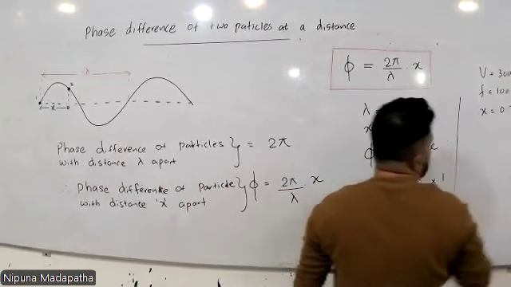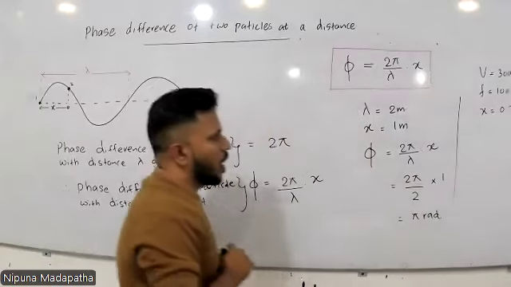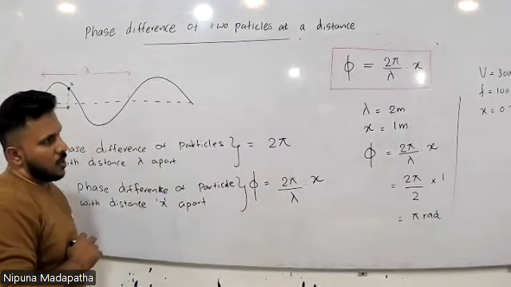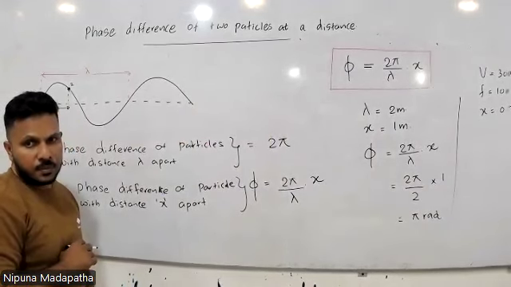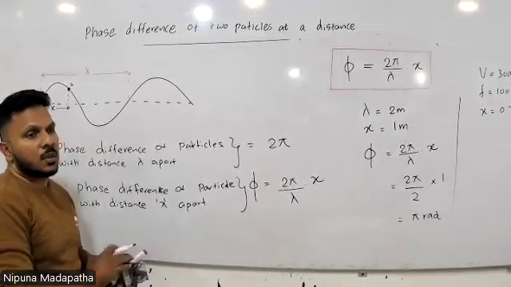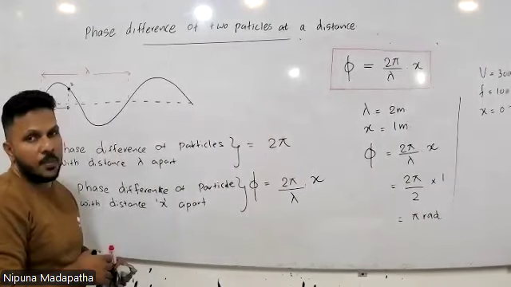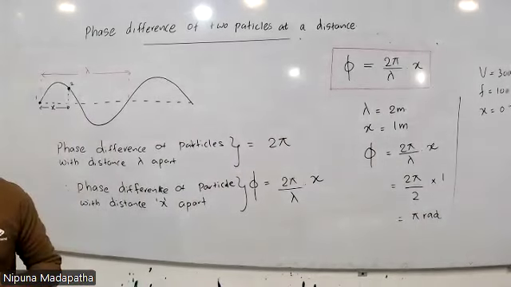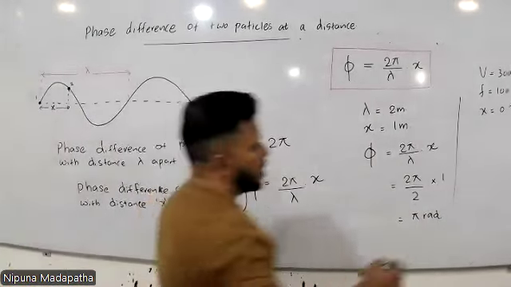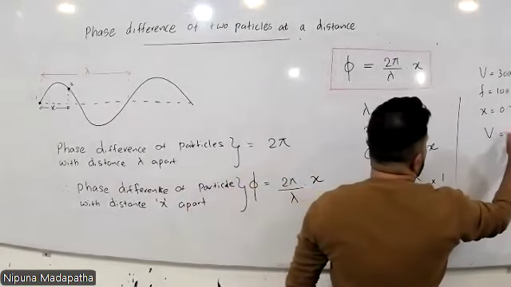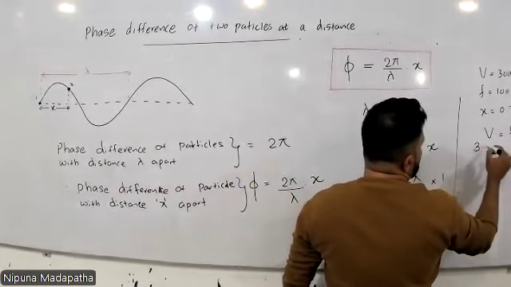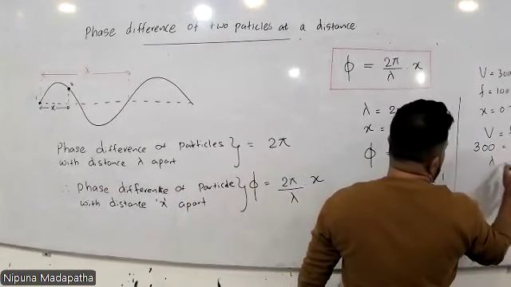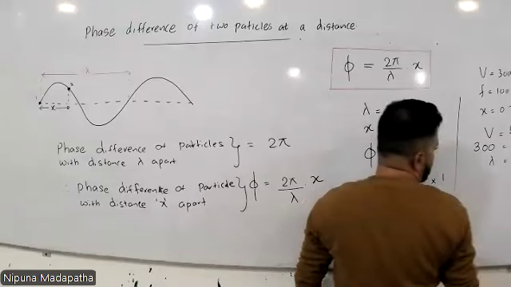So what is the phase difference of two particles with a separation of 0.75 meters? How do you find it? First we need to find lambda. Use v equals f lambda. V is 300, f is 100, so lambda is 3 meters.